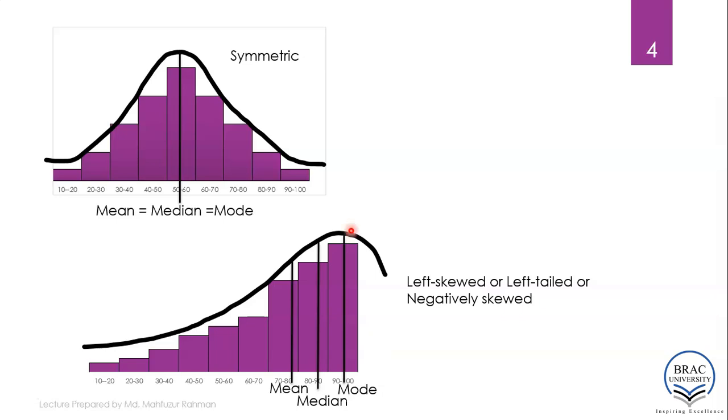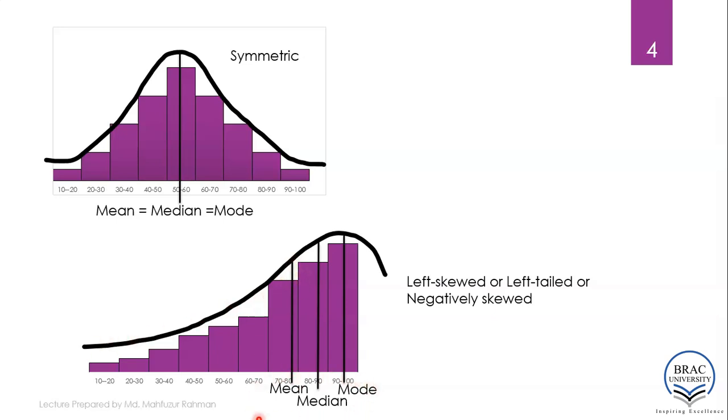The mode occurs at the peak of the distribution, so wherever the distribution is highest, that's where the mode will be. The median is always between the mean and the mode, and the mean is on the left side in this left-skewed or negatively skewed distribution.